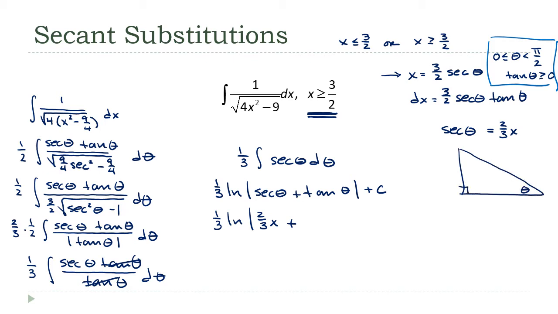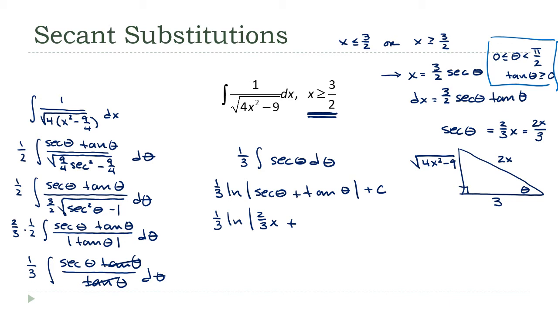The secant is 2x over 3, and the secant is 1 over the cosine. So that means the cosine is 3 over 2x. So that has to be a 3, that has to be a 2x, and this is the square root of 4x squared minus 9.